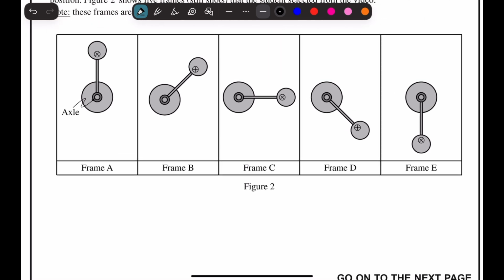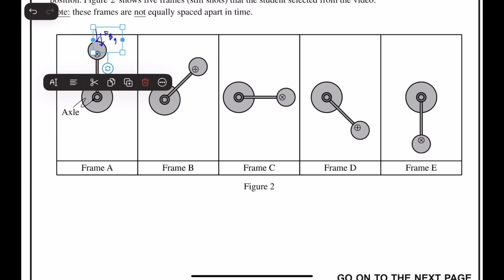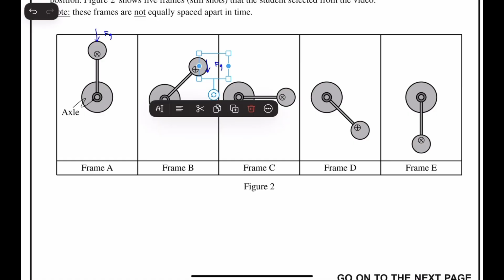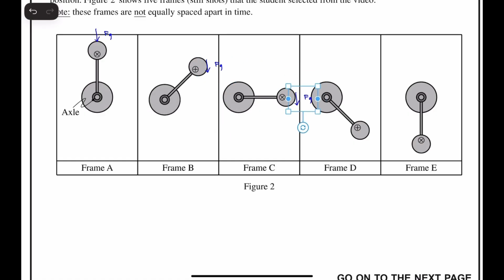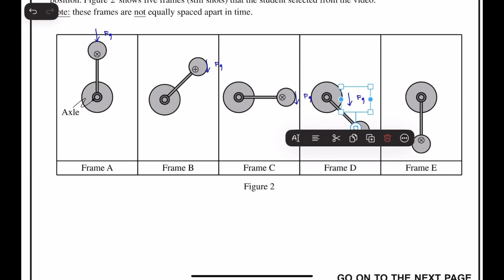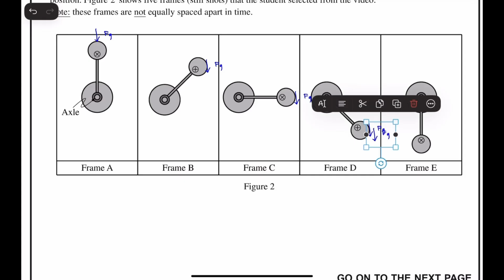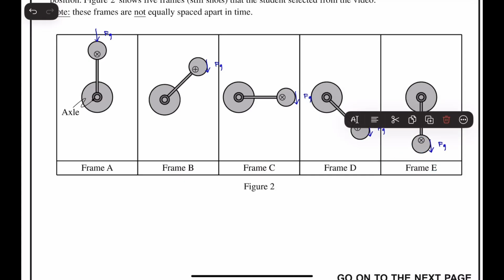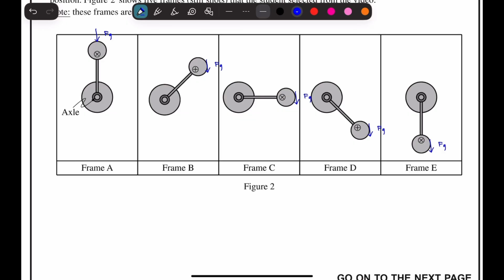So when we look at the force Fg, it's always acting down, right? So when is the torque going to be the greatest? Here the arm is pointing this way, right?